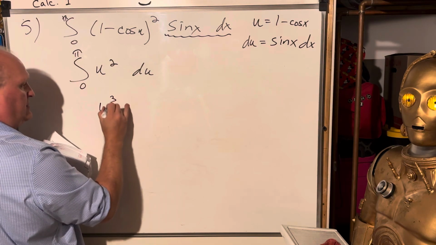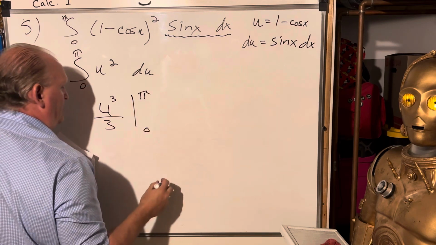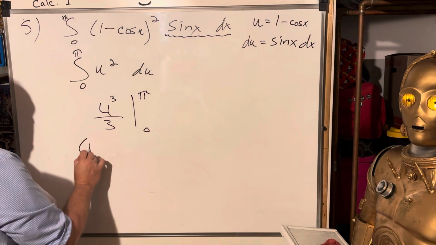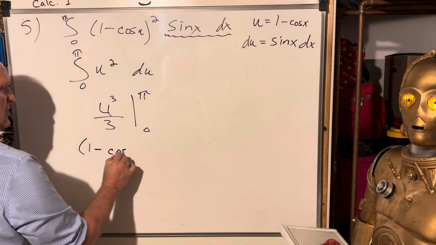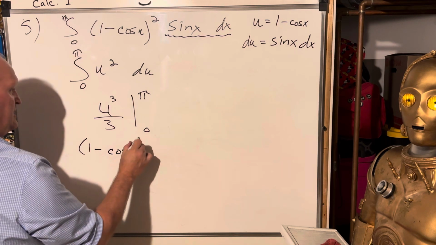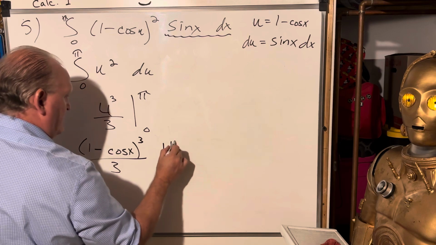That is u cubed over 3 from 0 to pi. And so we are looking at 1 minus the cosine of x, quantity cubed divided by 3 from 0 to pi.